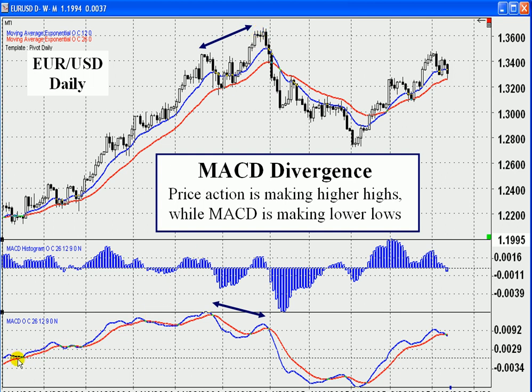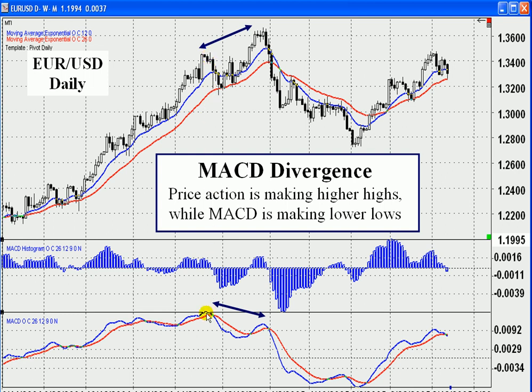When we look back here at MACD, we're also moving higher very modestly, and then MACD begins to slow down as price is even moving at a fairly rapid rate. MACD starts to slow down, also kind of showing a bit of an overbought situation, but forms a high here which corresponds with the high in price here.